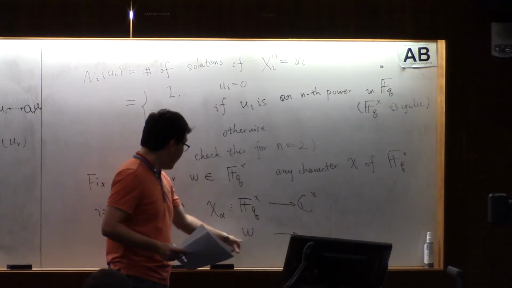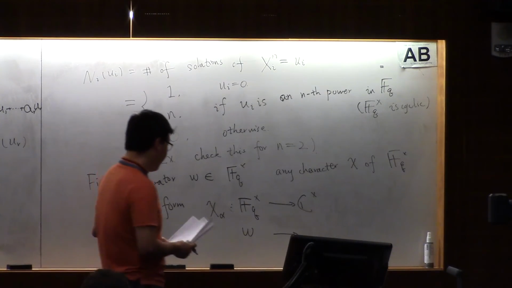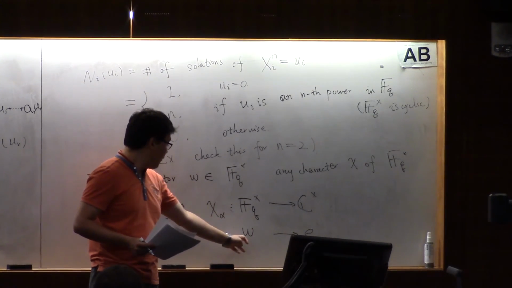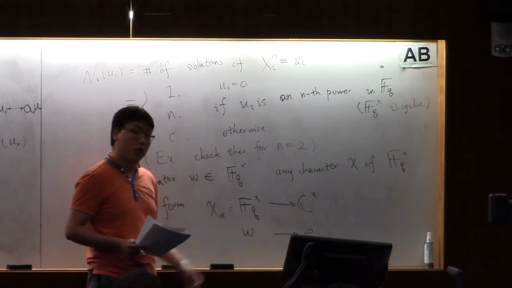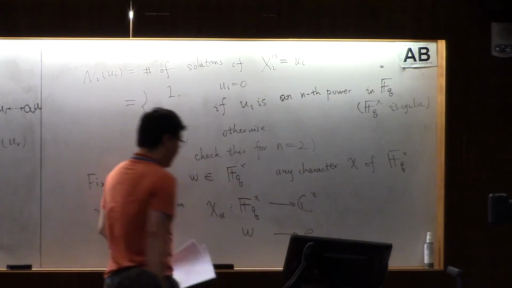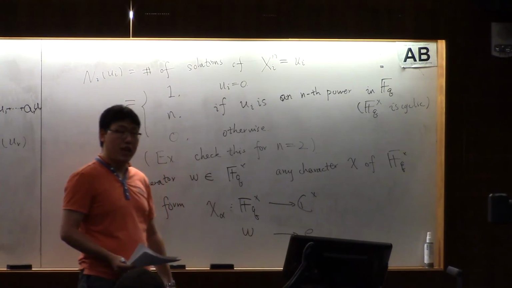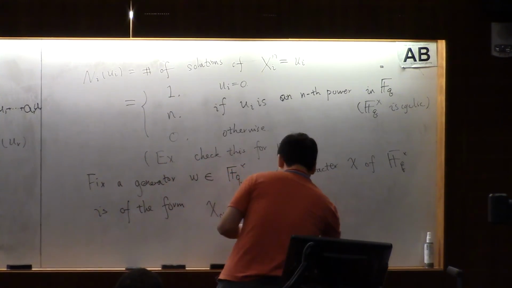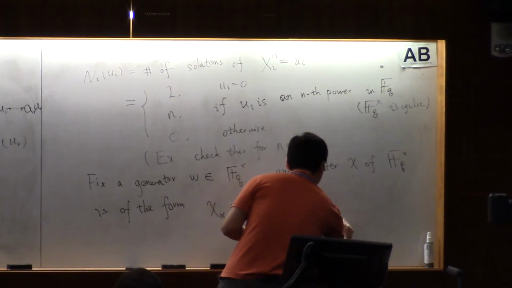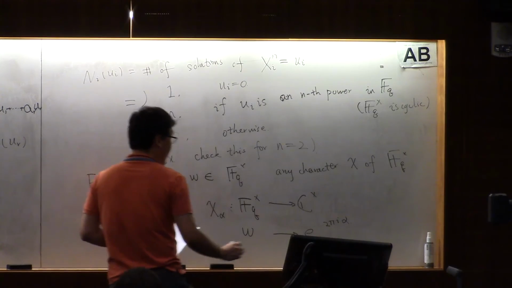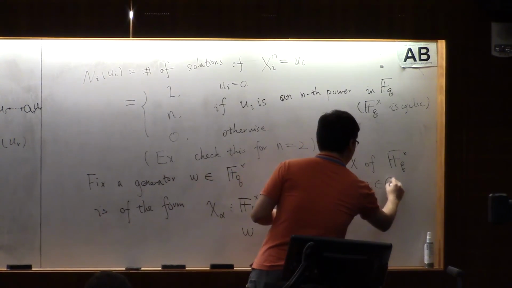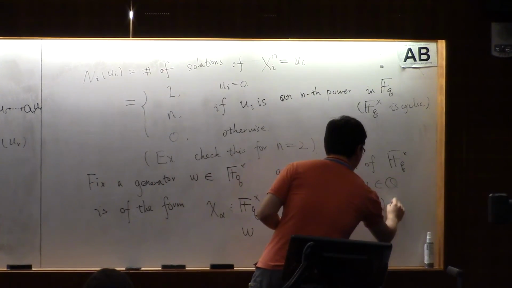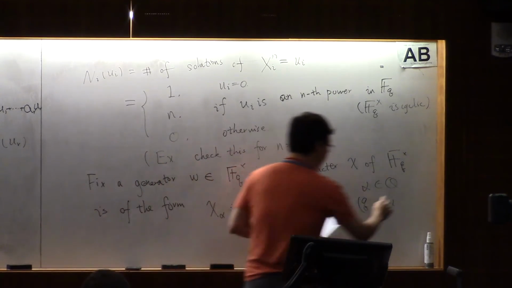And because this omega is a finite order element of order q minus 1, the value of the character at this generator should have order at most q minus 1. So it should be of this form, where this alpha is a rational number, and q minus 1 times this alpha must be an integer.